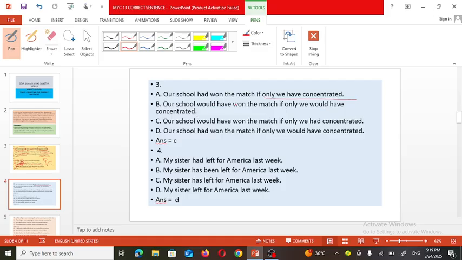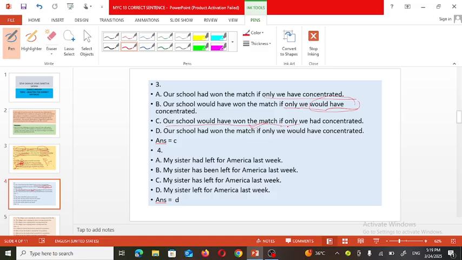Our school would have won the match, meaning which was not actually won by the school. If only we would have, so would have, that is also wrong. Next one: our school would have won the match, meaning the thing which was supposed to happen in the past.